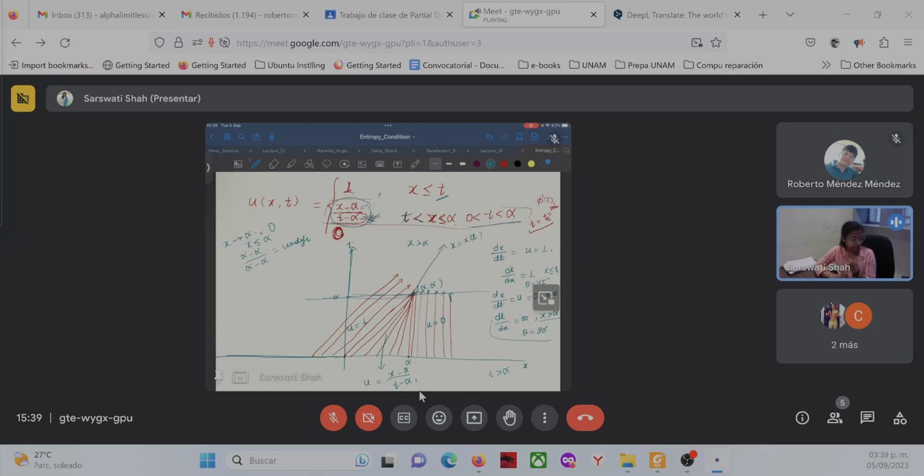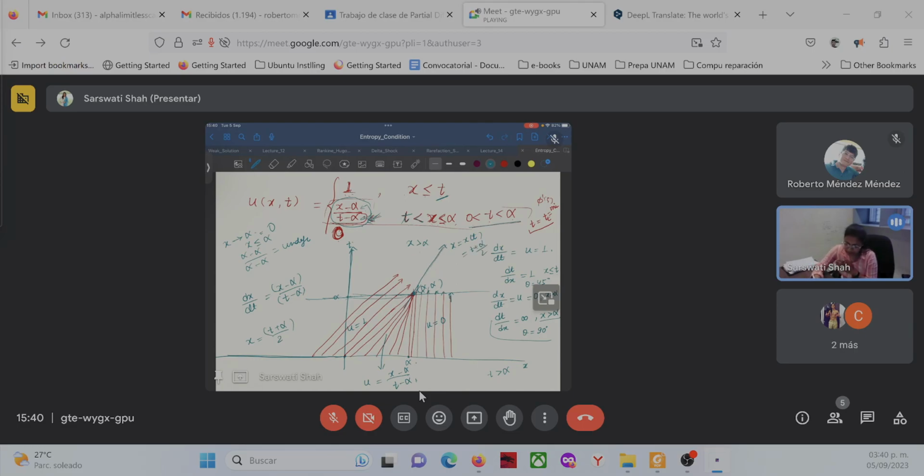The equation of that line will be dx over dt equals (x minus alpha) over (t minus alpha). When you solve this equation, you will get t plus alpha over 2, so this is the line x equals (t plus alpha) over 2.